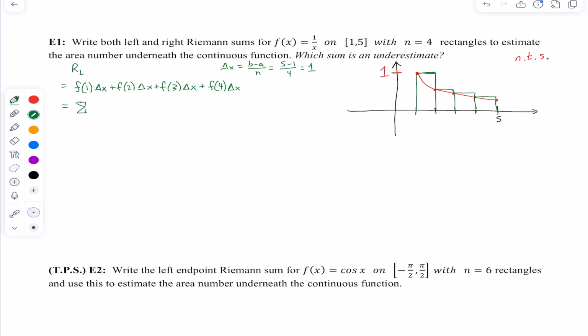And if you write this in summation notation, you're going to realize, oh yeah, that is, in fact, our left endpoint Riemann sum.